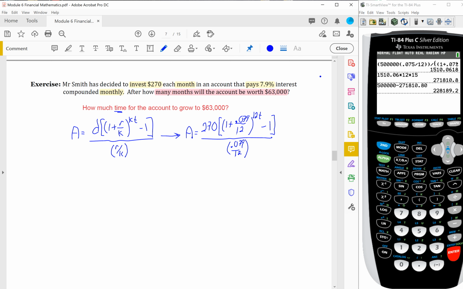So remember, this is the formula that tells you how much you're going to have in your account at any time. Now, our question is asking, when will this reach 63,000?